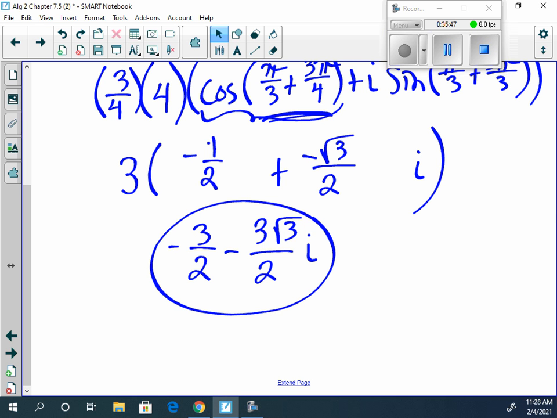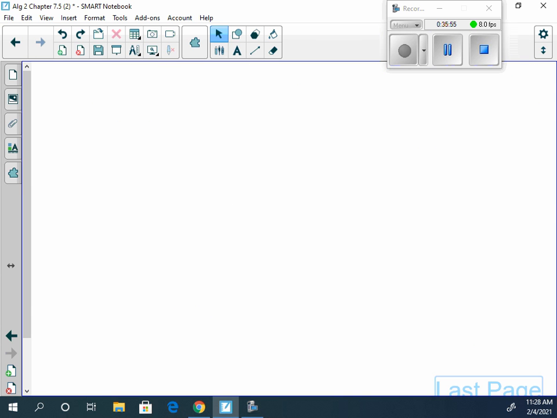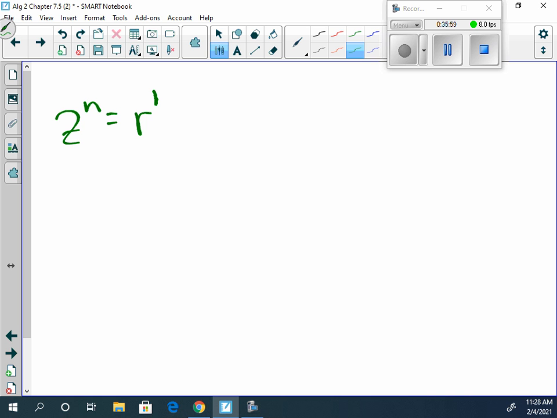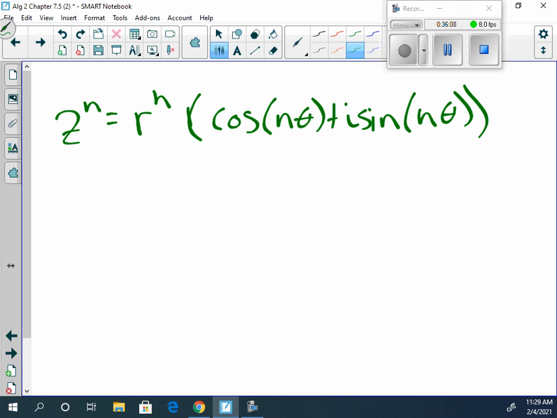Questions about division? Dividing r's and subtracting. For powers, that's dividing. That'd be our division.